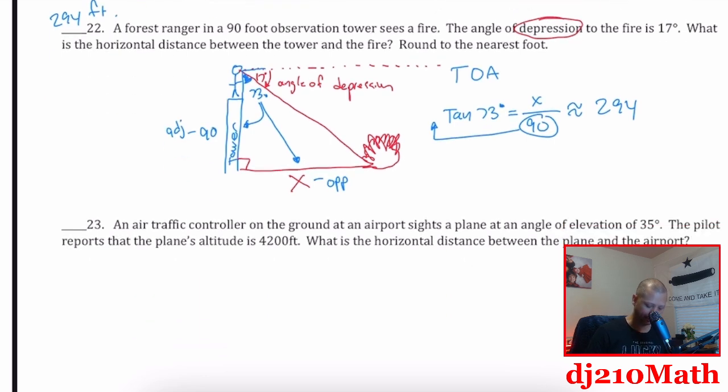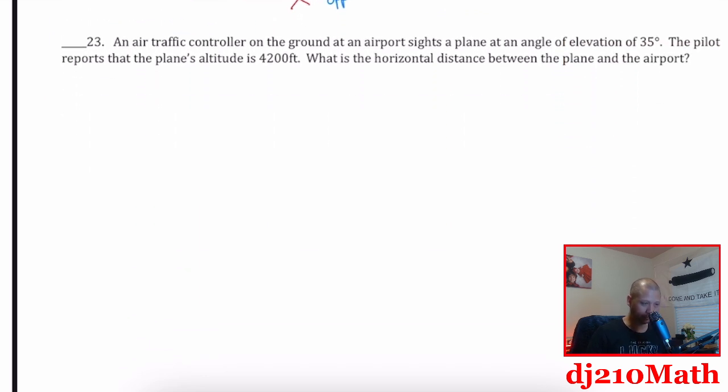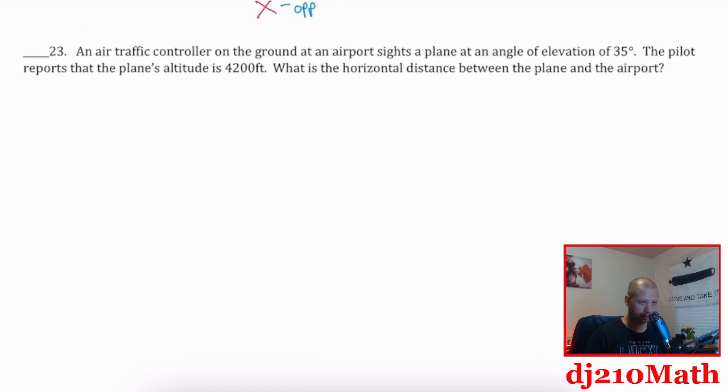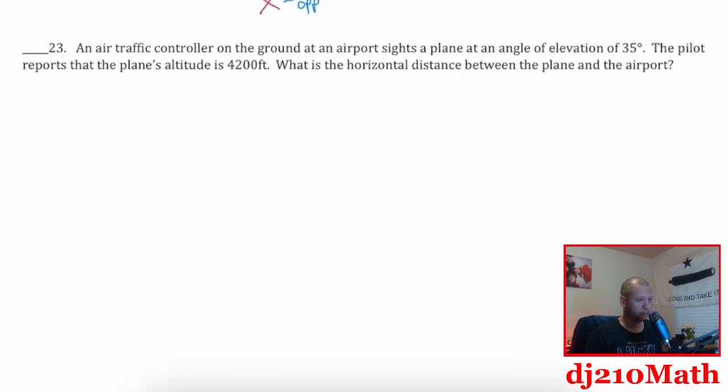Okay, last problem, 23. An air traffic controller on the ground at an airport. So here's the person on the ground. On the ground, sights a plane at an angle of elevation of 35 degrees.